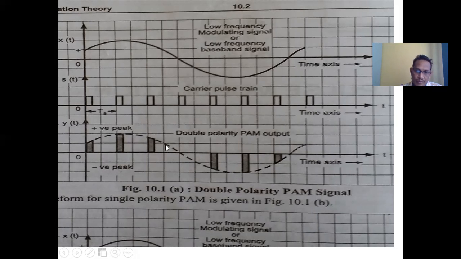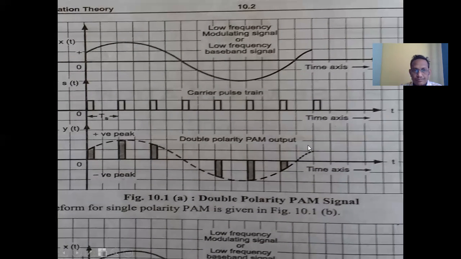This is the pulse amplitude modulated waveform, called the PAM waveform. Here the amplitude is minimum, and here it is maximum. This is the pulse amplitude modulated waveform as per the definition.